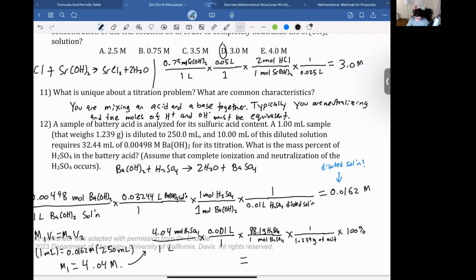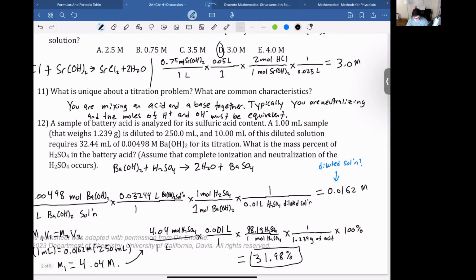So then once you do all that, oops, no, that's correct. 0.001 times 98.1 divided by 1.239. I get 31.98%. And then that's it. All right, let's go to the next.